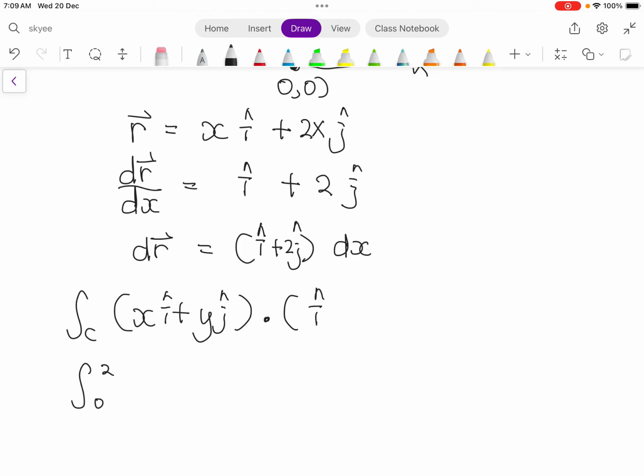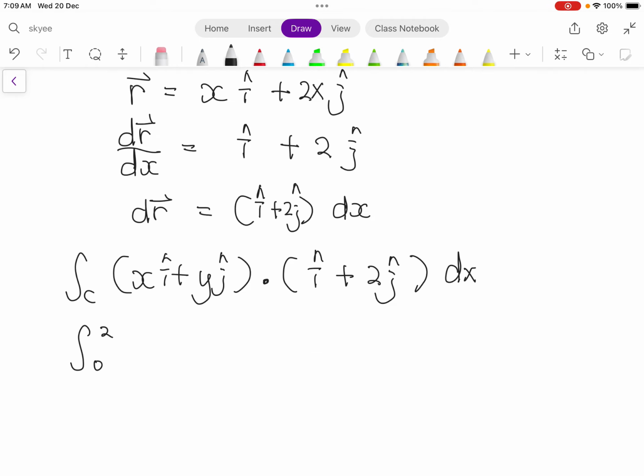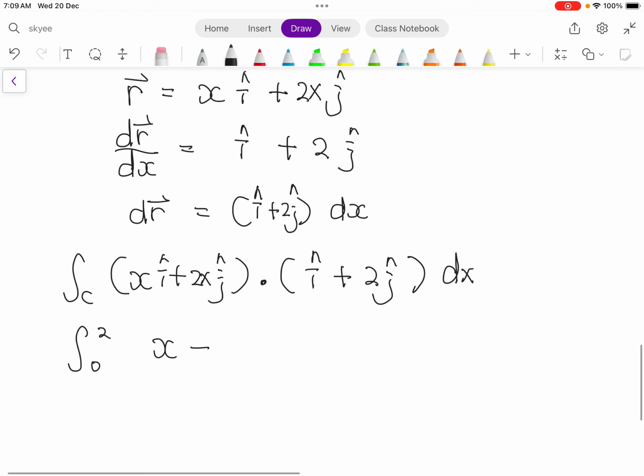So it will be x, and in this case here it will be 2x, i plus 4x, right? So x plus 4x dx.